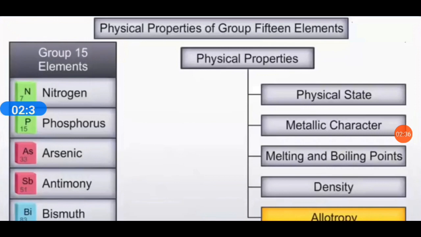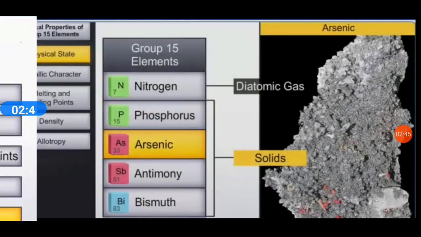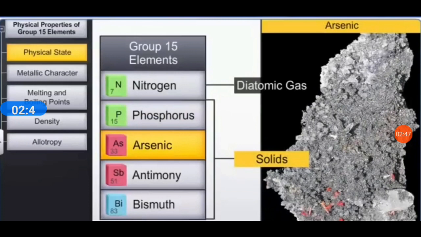Physical properties can be discussed under the heads physical state, metallic character, melting and boiling points, density, and allotropy. The first element, nitrogen, exists as a diatomic gas, whereas phosphorus, arsenic, antimony, and bismuth exist as solids.